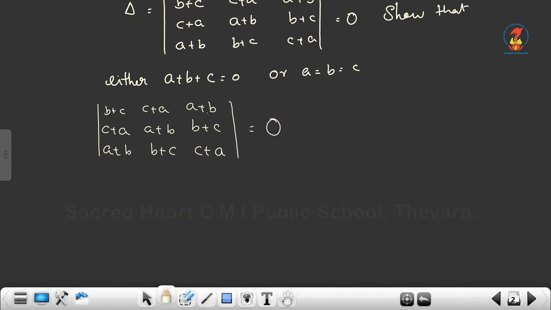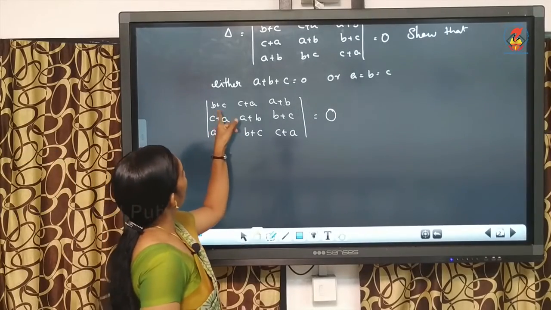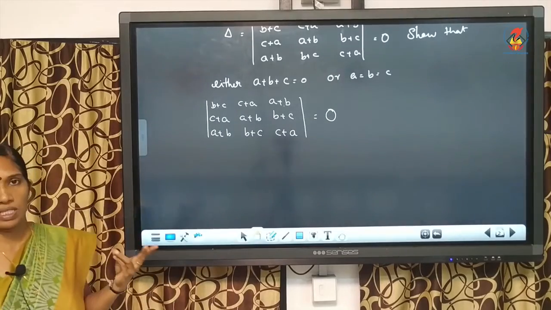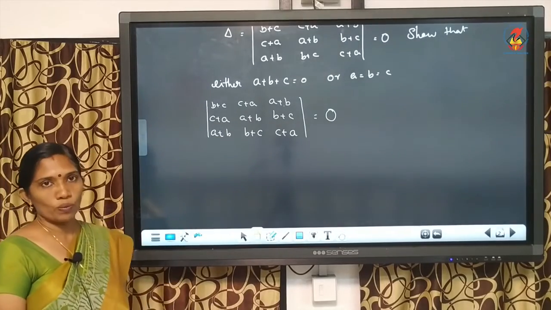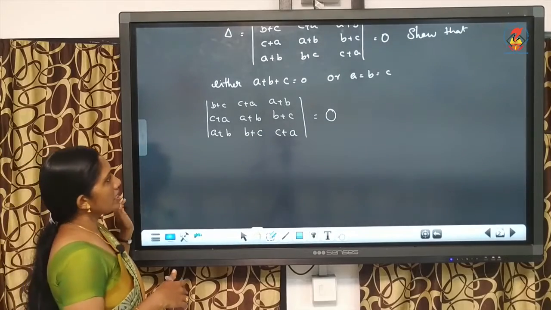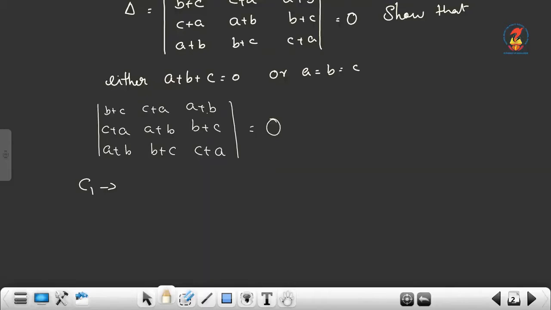So, can we get a common factor? In every row, there are 2 a's, 2 b's and 2 c's. So we can add column wise or row wise, which is easy. Here I am writing C1 becomes C1 plus C2 plus C3. So C1 is changing.